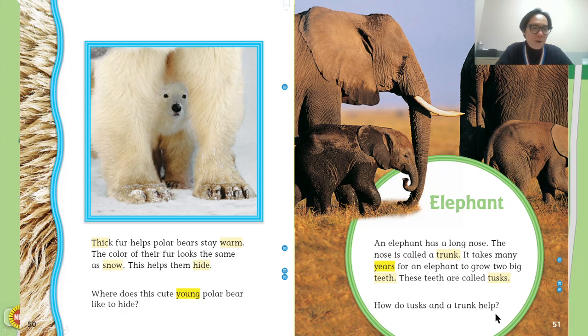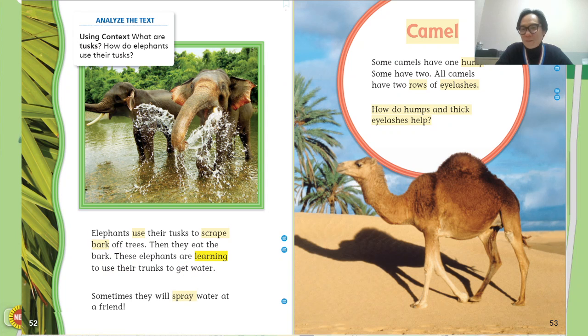Well, I remember all of you told me how a trunk helps, but can you remember how the tusk helps? Elephants use their tusks to scrape bark off trees. Then they eat the bark. These elephants are learning to use their trunks to get water. Ooh, look at the baby elephants. They're using their trunks to get some water.